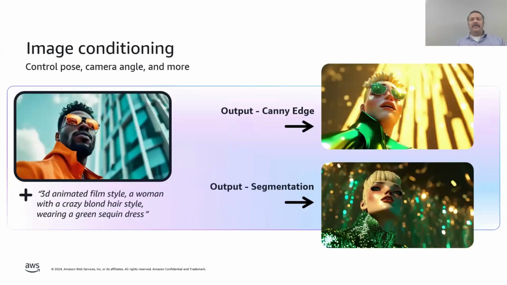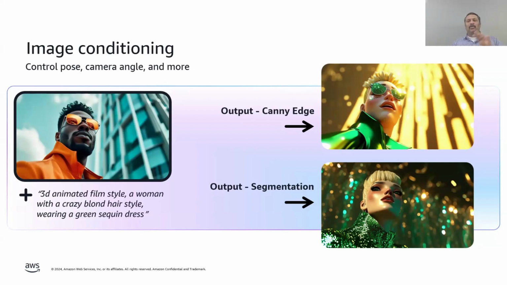The image conditioning feature allows users to use reference images as guidance to instruct the model to generate output that aligns with the layout and composition of the reference images, while following the text prompt instructions.